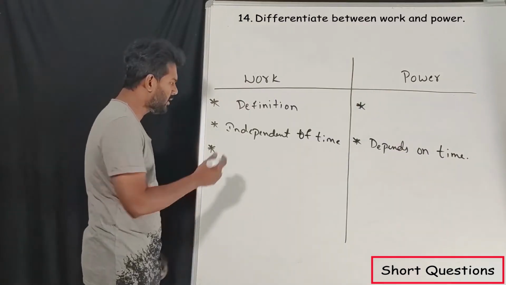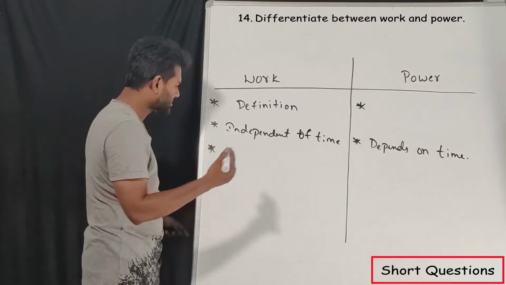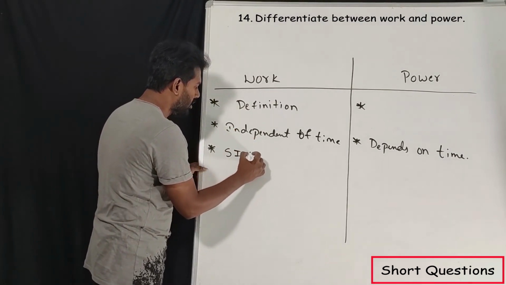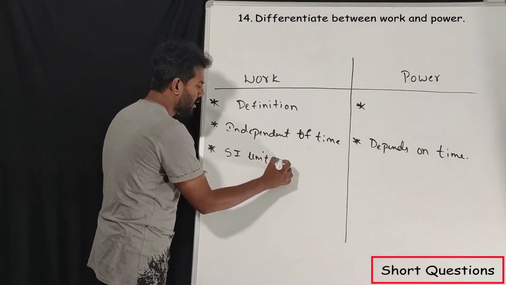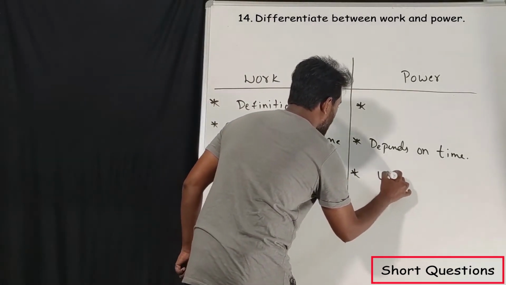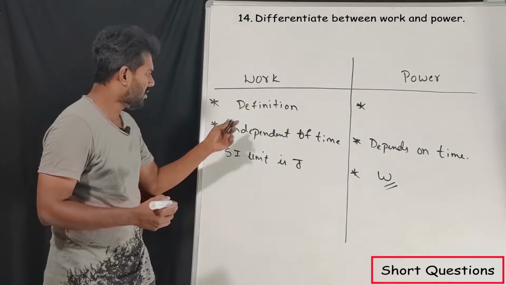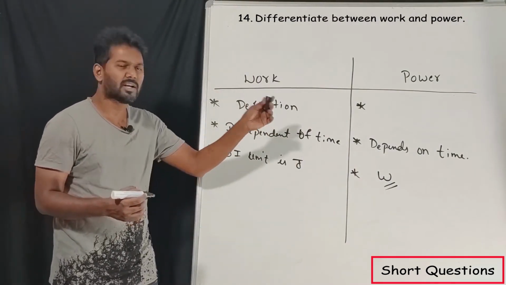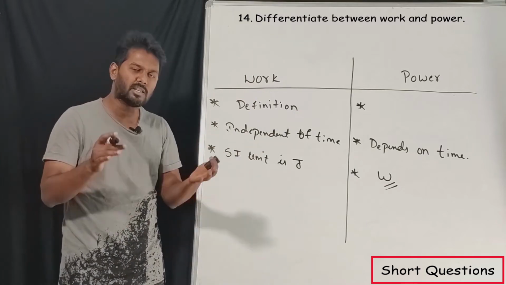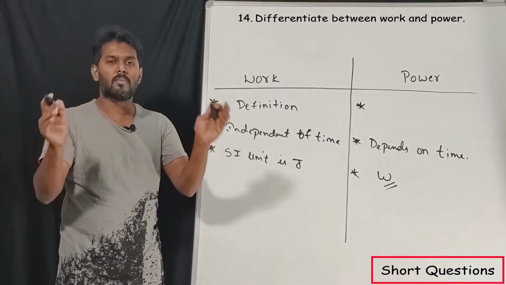Now the final point, the SI unit. If you write the SI units, then that is enough. SI unit of work done is joule. Here it is watt. Okay, so I have used short forms. If you write it in a full form, that is enough. If you write 3 points on each side, then you will definitely get 3 marks.